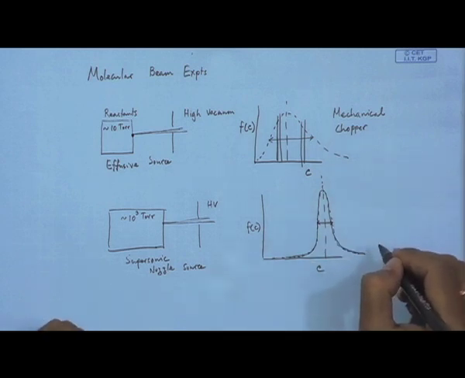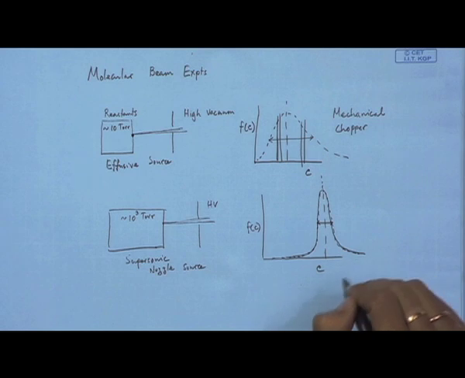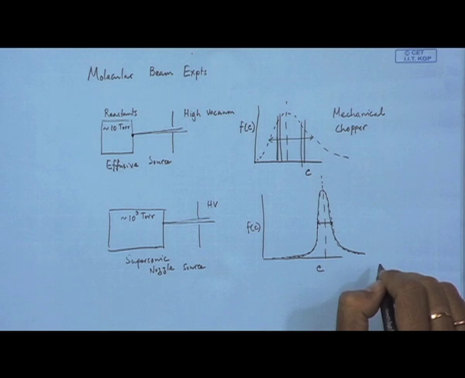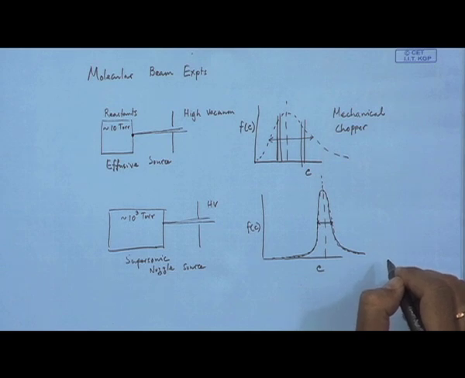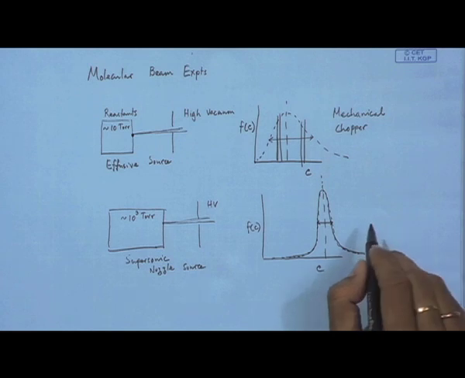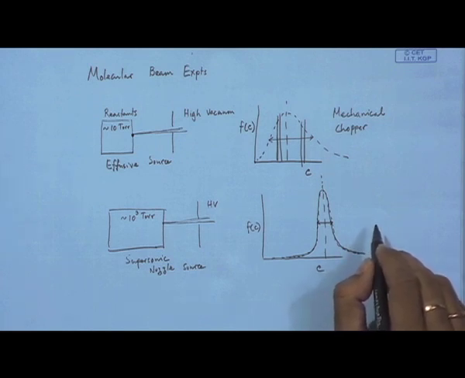In this case you have to use a different carrier gas to select velocities. I mean, velocities can be tuned with the help of various carrier gases, maybe nitrogen, maybe argon, meaning gases which are not reactive. With the help of carrier gases, you can select various velocities.